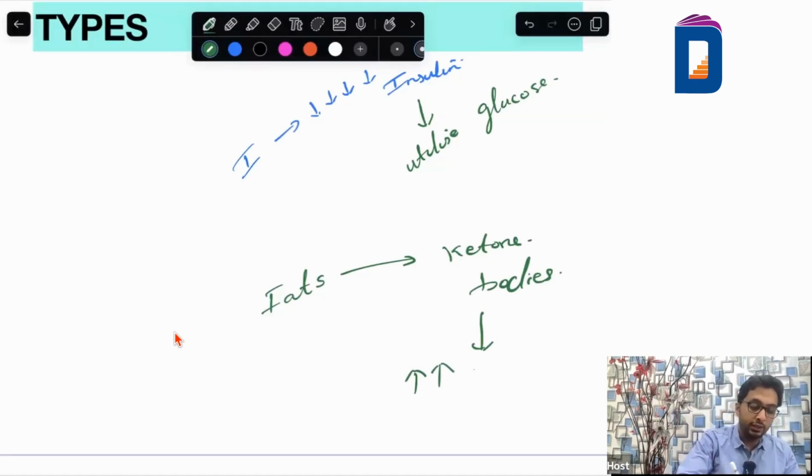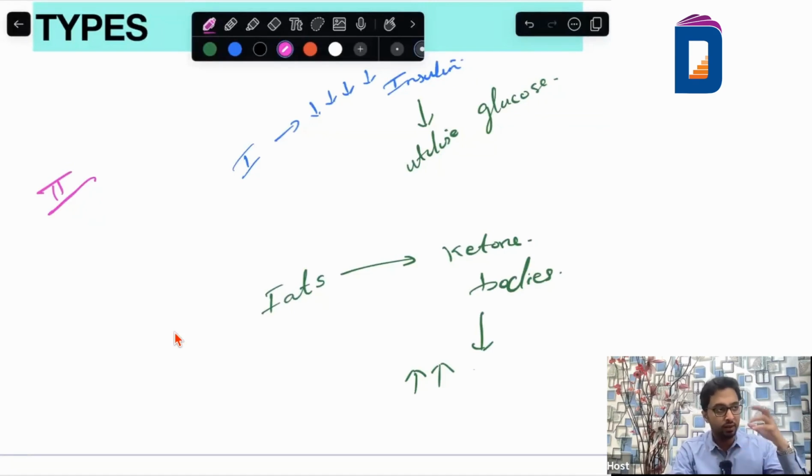Now, what happens in type 2? Though insulin resistance is there, it is not absolute resistance. Still, the body is able to utilize some glucose for energy, so it doesn't need to depend on fat unless your insulin level has drastically come down. Please note this.